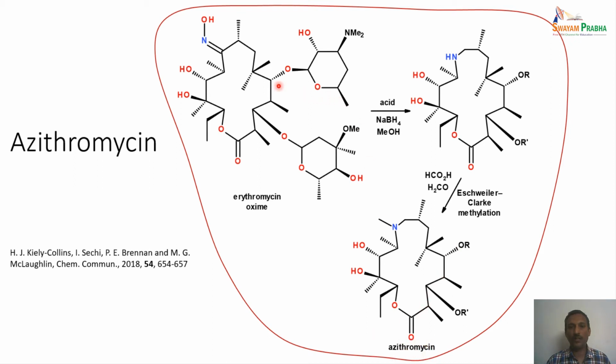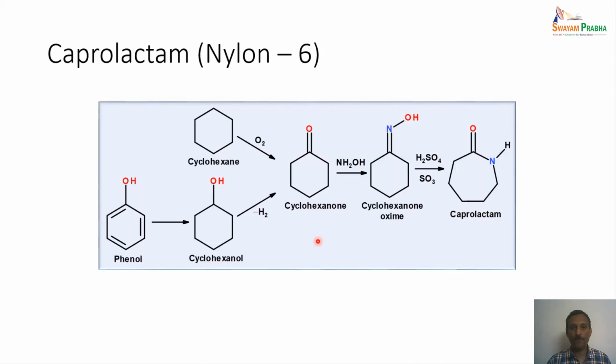But the crucial reaction is nothing but the Beckmann rearrangement of the erythromycin oxime. So this erythromycin oxime undergoes rearrangement. Here ring enlargement takes place in this particular case. For convenience, these substituents are marked as R and R prime groups in the products.